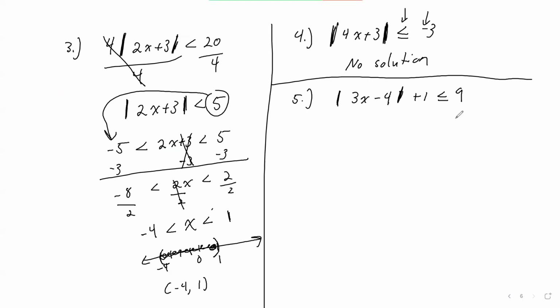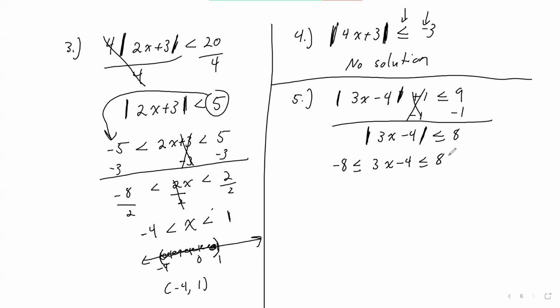And how do I move the 1? Nine minus 1. Now I'm ready to write my compound inequality. So I'm going to write the opposite of this sign. So that's now going to be a -8 less than or equal to, drop the absolute value bars, so 3x minus 4 less than or equal to 8.